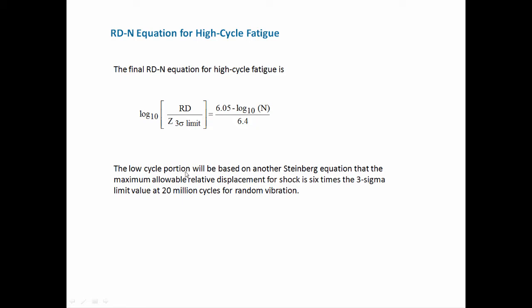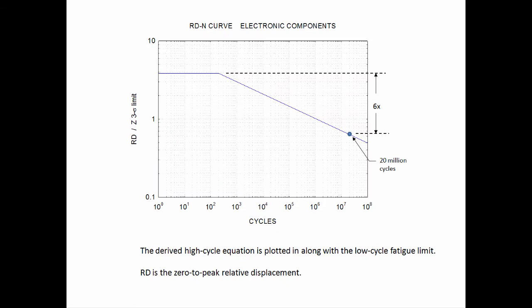So the low cycle portion will be based on another Steinberg equation, that the maximum allowable relative displacement for shock is 6 times the 3 sigma limit value at 20 million cycles for random vibration. So this is another piece of the puzzle that Steinberg gave to us. So what does all this mean? Well, it's probably best to show you the actual curve, so this will start to make a lot more sense.